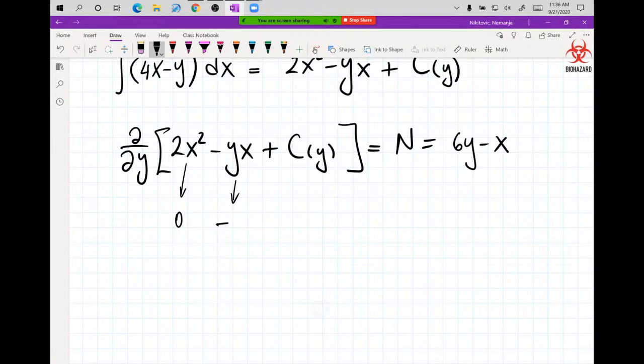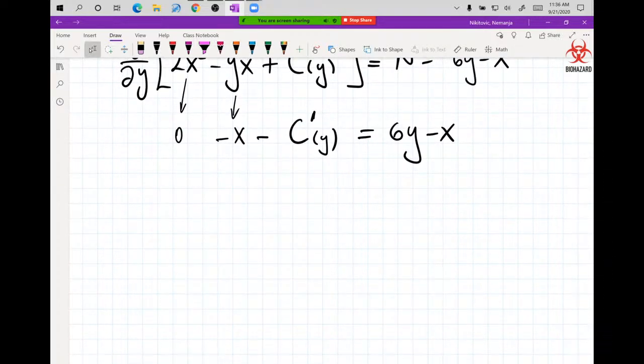This is going to give me negative x, and this is just going to be c prime of y equal to 6y minus x. So what I'm getting here is that negative x plus c prime of y is equal to 6y minus x.